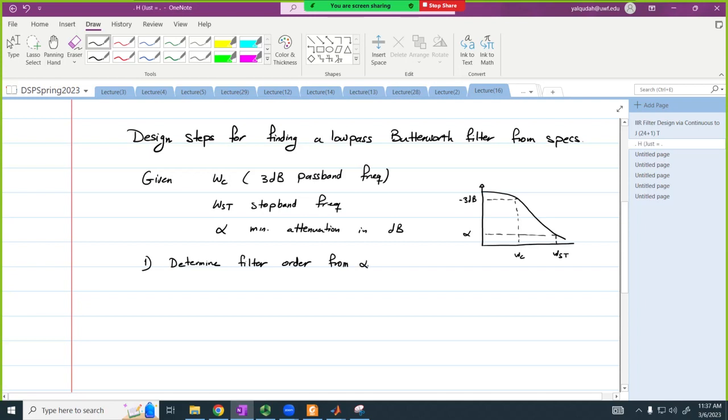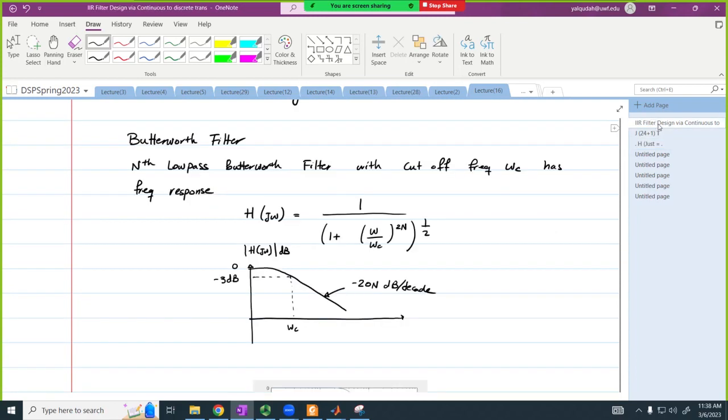What is the difference between one Butterworth filter with a certain order and another Butterworth filter with another order? The attenuation. The filter decays at 20 multiplied by n dB per decade.